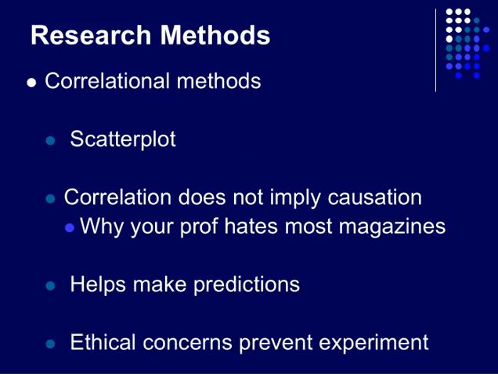It also helps us because a lot of times there are ethical concerns that prevent us from doing the gold standard of establishing cause and effect relationships. One causes the other is the experiment. But sometimes you can't do that because it's not ethical.